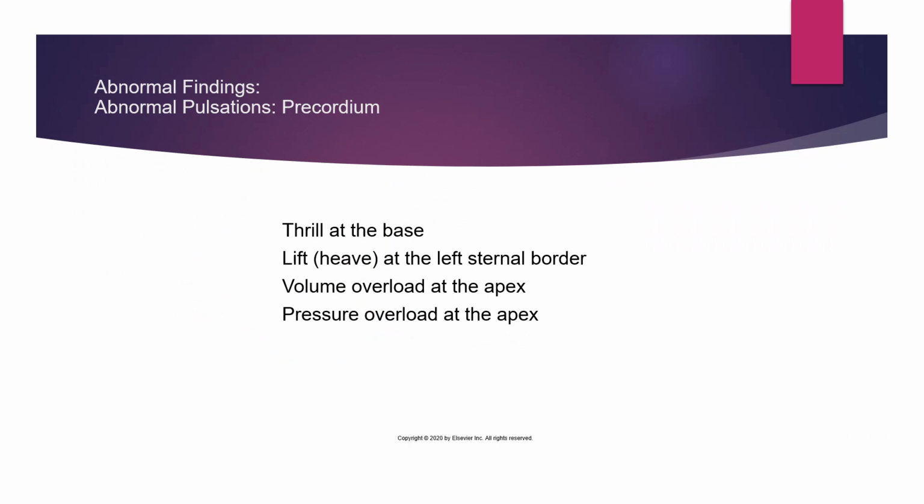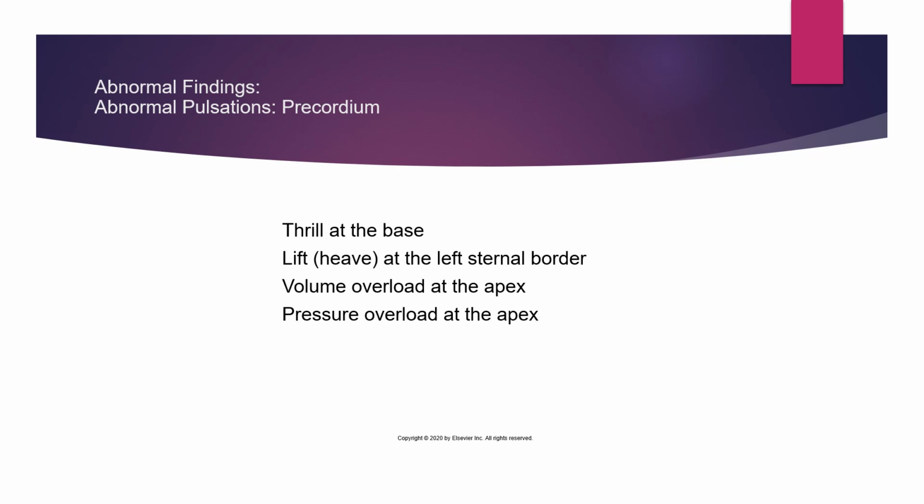As you do your inspection and your auscultation and your palpation, you're going to be looking for abnormal findings. There are definitions here on this page for a thrill and a heave. As you're inspecting the precordium or the thorax, the chest, you're going to be looking for heaves.